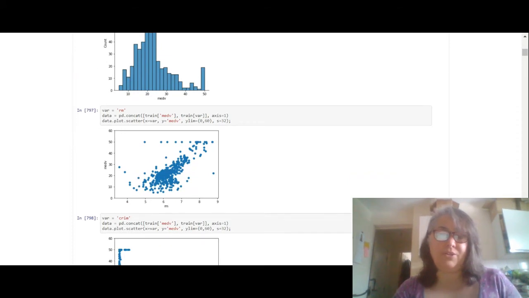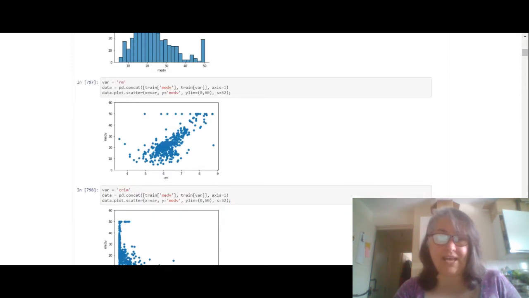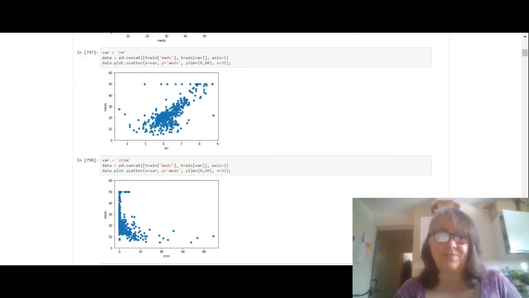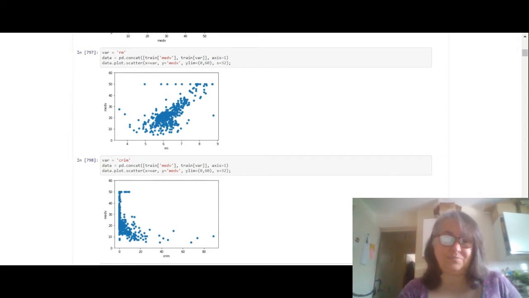Now we're doing a scatter plot of how many rooms are in the house based upon the value. And since the highest value is 50, you can see how it stops at 50.